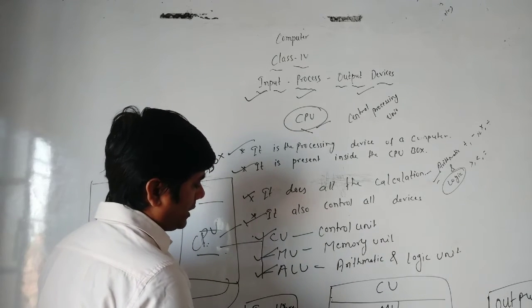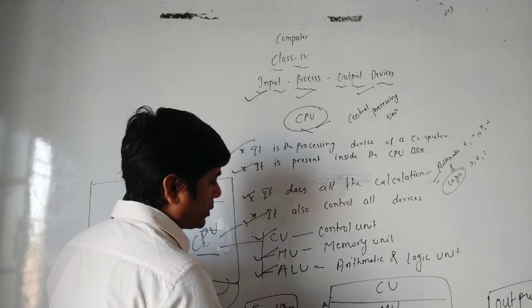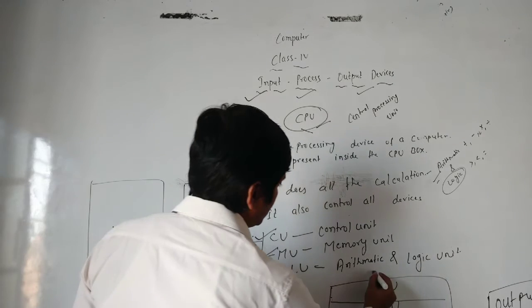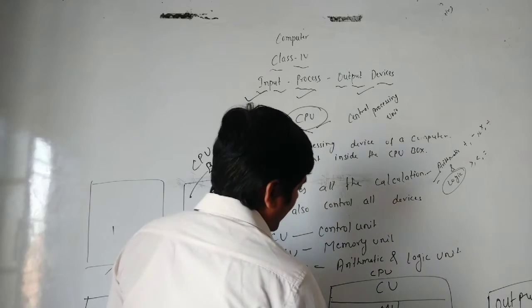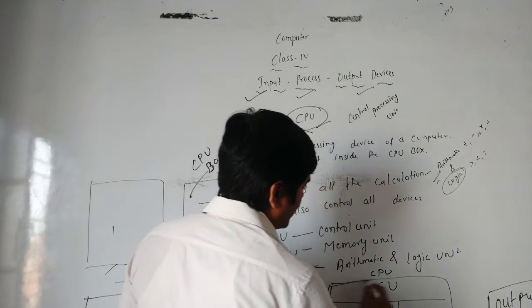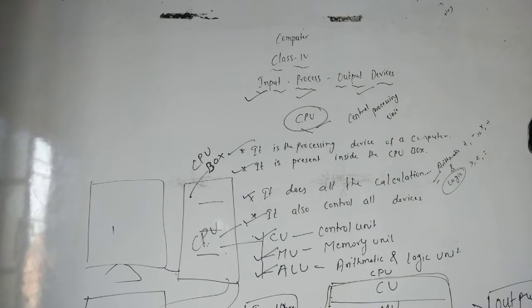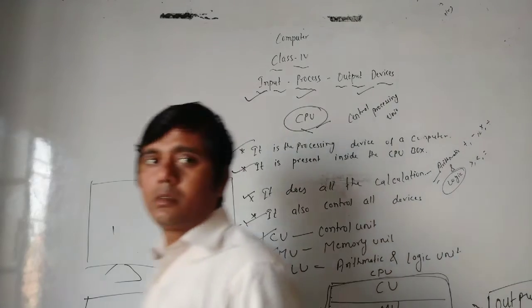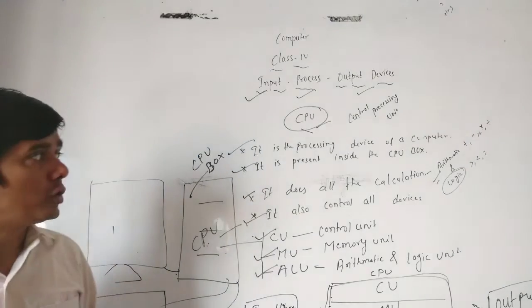When we enter data through an input device, it goes to the CPU, and then the CPU processes the data and gives the result as output with the help of output devices. Write this down in your note.